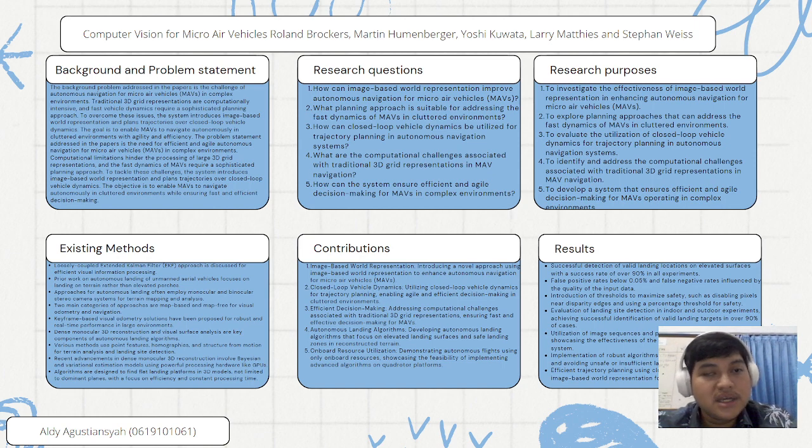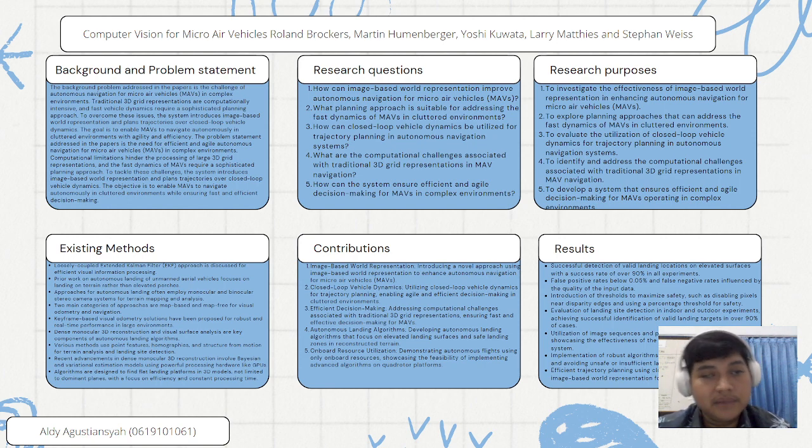To overcome this issue, the system introduced image-based world representation and plans trajectories over closed-loop vehicle dynamics. The goal is to enable MAVs to navigate autonomously in cluttered environments with agility and efficiency.